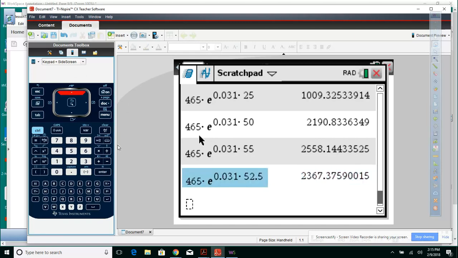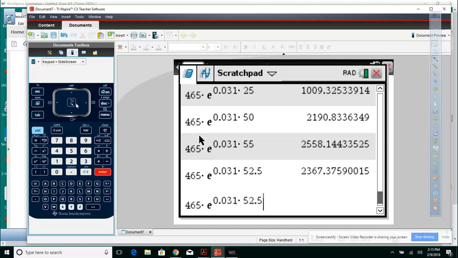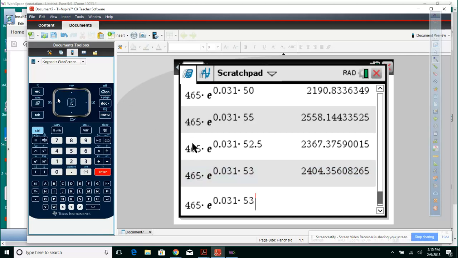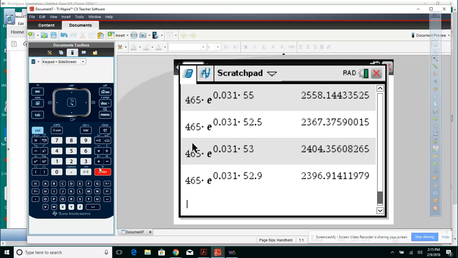Let's go up there and grab it. And let's see here. Let's do 53 then. That's right at it. Let's try 52.9.